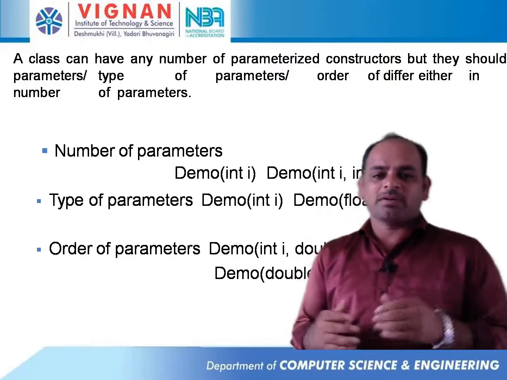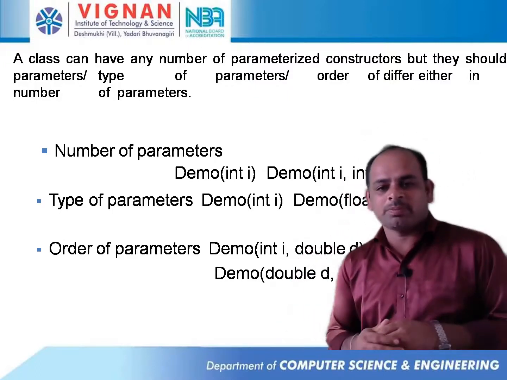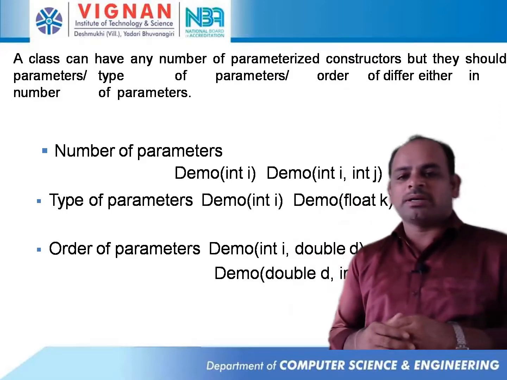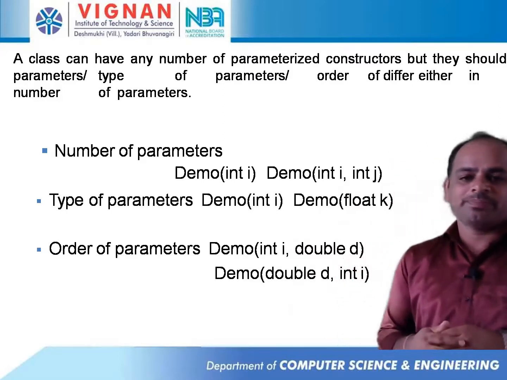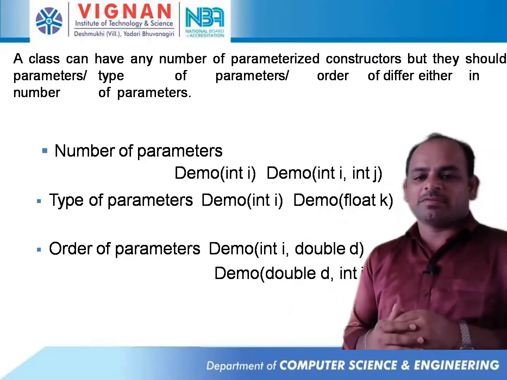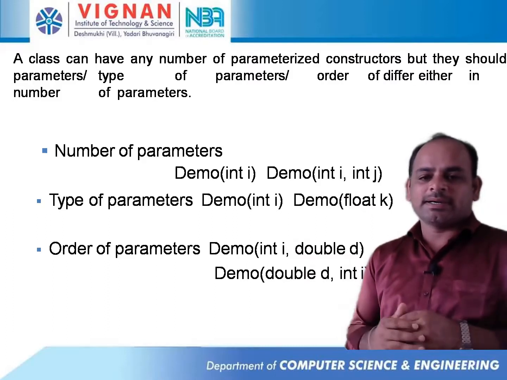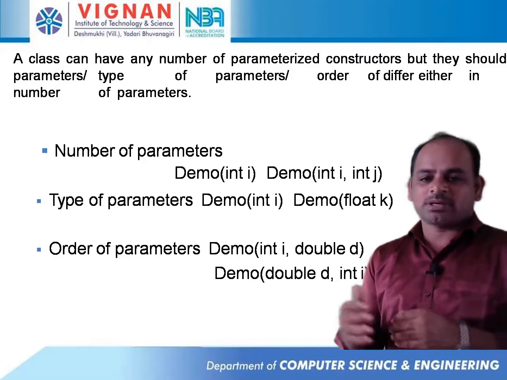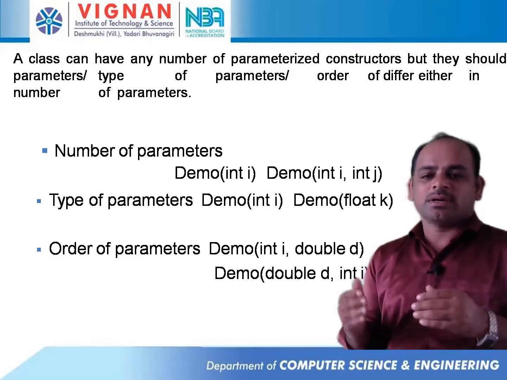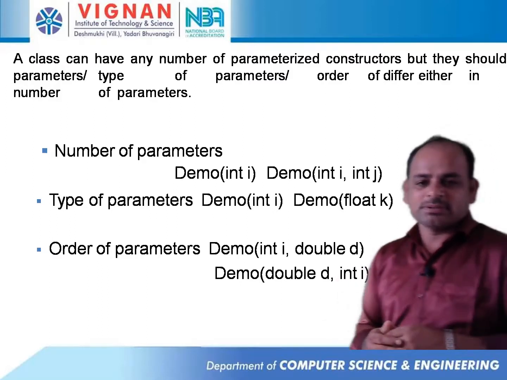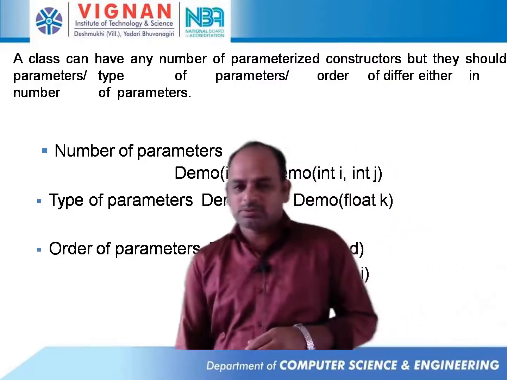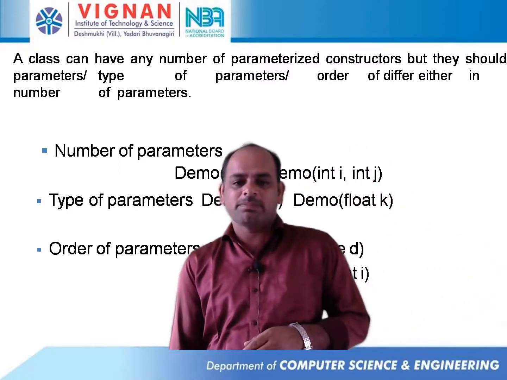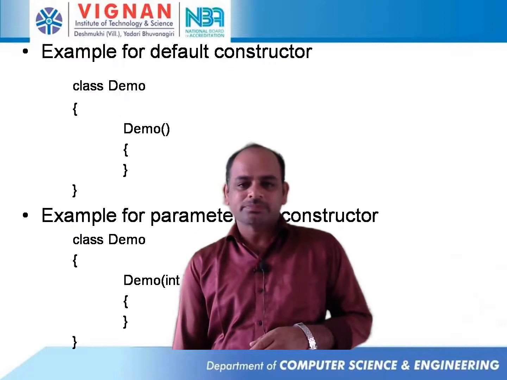Order of parameters is also important. In demo(int i, double d), integer is the first parameter and double is the second parameter, and in the second one, double is the first parameter and int is the second parameter. In this way we can differentiate the different parameterized constructors.